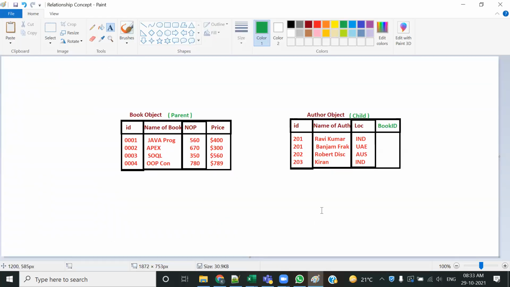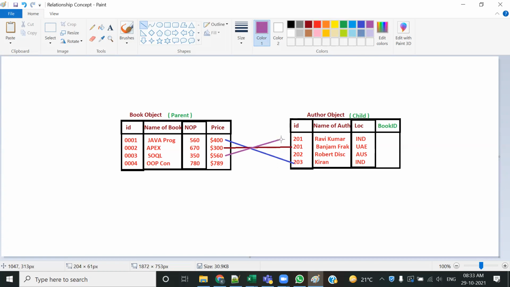See, let's take this as an assumption. Java programming book has been written by Kiran, and then Apex programming book has been written by, probably, Benjamin.